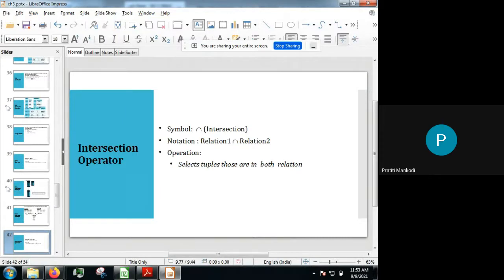Intersection will take only those tuples which are in both. Again, do you agree with my statement? You should always do the intersection if there is something common. If I am intersecting mechanical and computer, I'll get a null set. There is nothing common. If I am intersecting IT and computer, I'll get many subjects which are common. Fine.